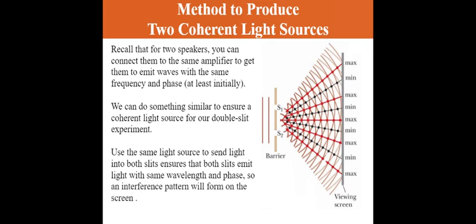Now, since you are the lab technician setting this up, you get to control the light source. Nowadays, you might be able to know what wavelength of light is coming out of your light source, but Young did not know that. He could create a coherent light source, but there wasn't any label telling him what the wavelength was.